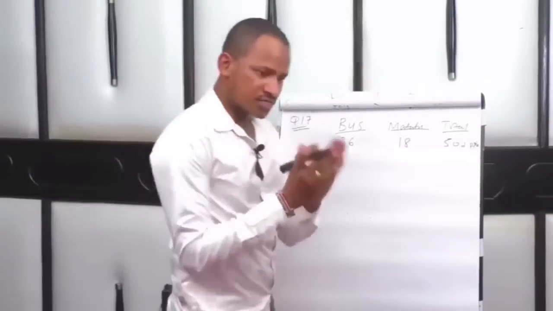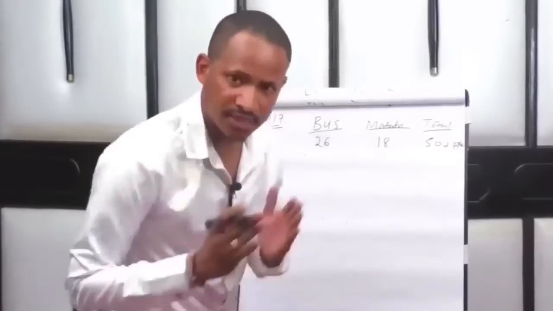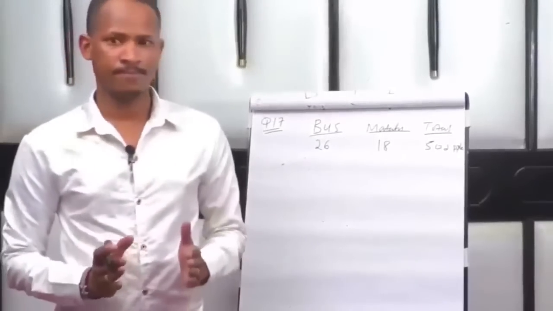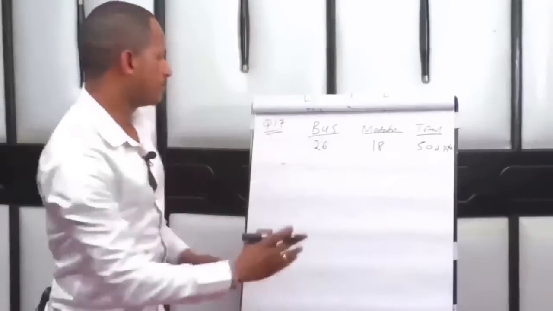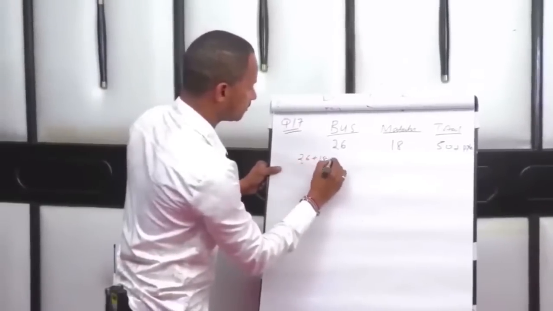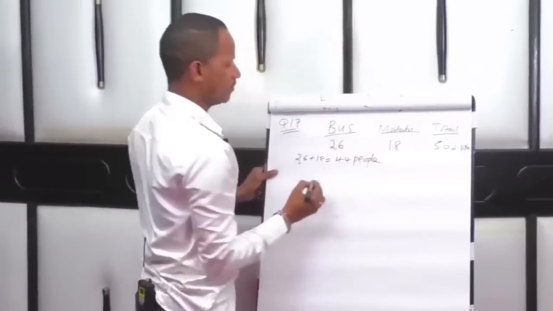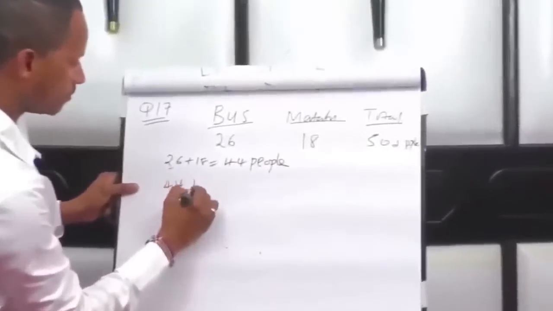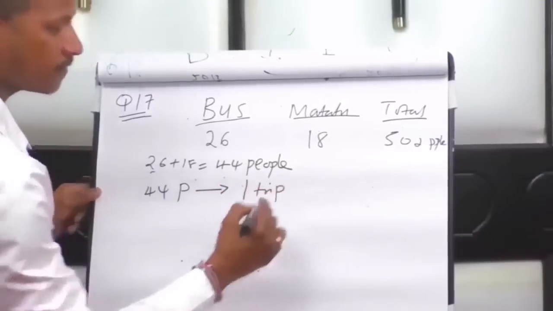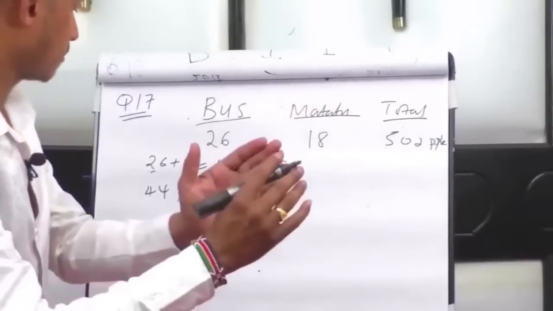So, in one trip, if they go one trip, they will carry 26 plus 18 people. 26 plus 18, which are 44 people. So 44 people are carried in one trip.